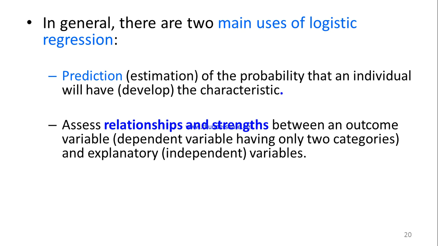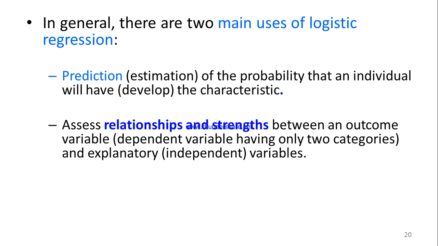In general, the main use of logistic regression is to predict or estimate the probability that an individual will have the condition of our interest. You have to remember your binomial distribution, where we classify the outcome as a success and a failure.